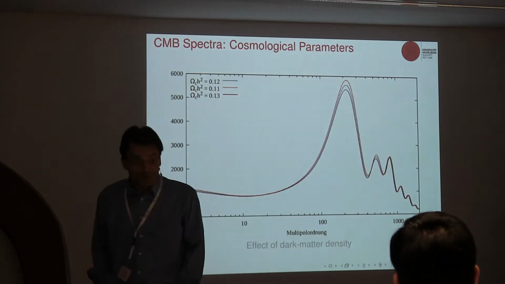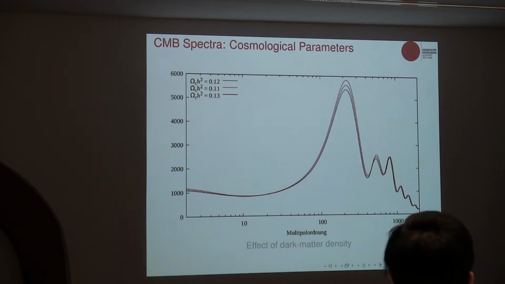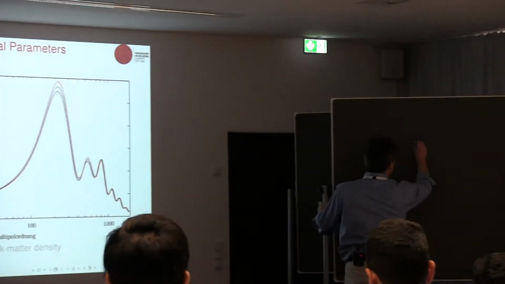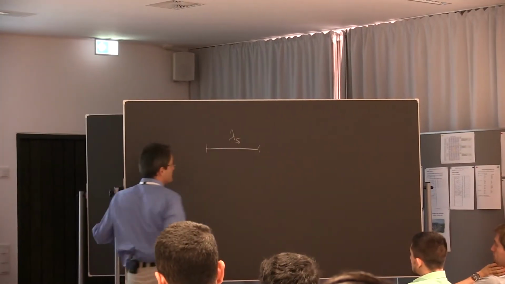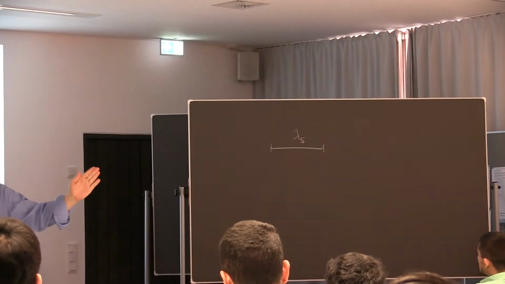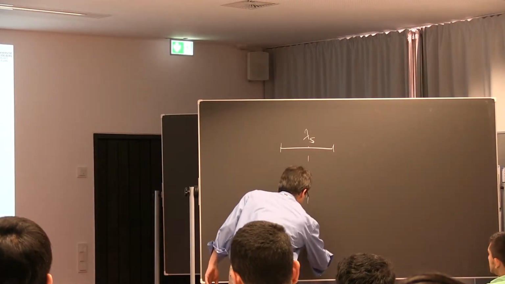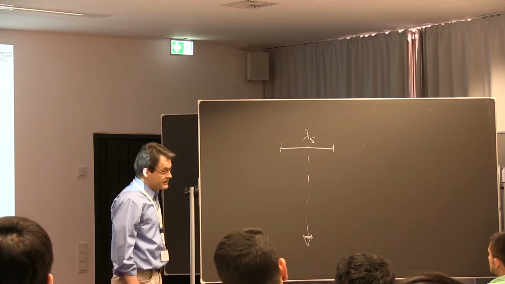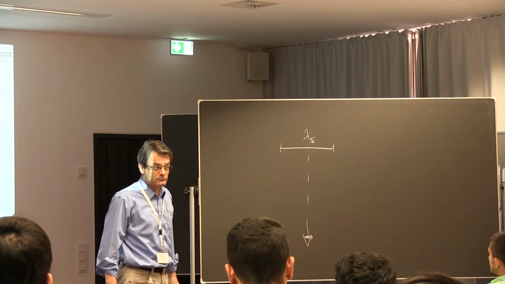Now, if you compare the two, you can calculate the spatial curvature of the universe. Let me draw a picture for that. So this is the sound horizon, right? That's a known physical length scale. And now we down here, right, see this length scale under a certain angle.